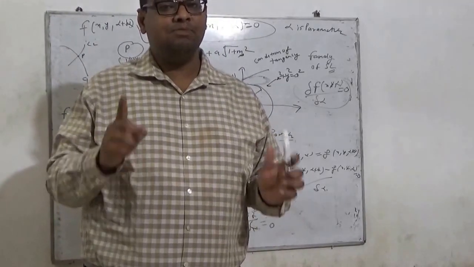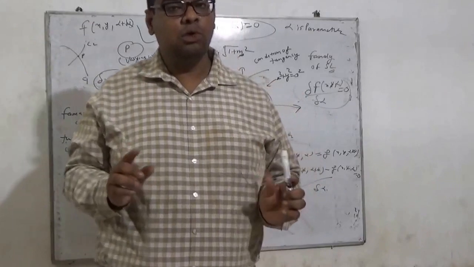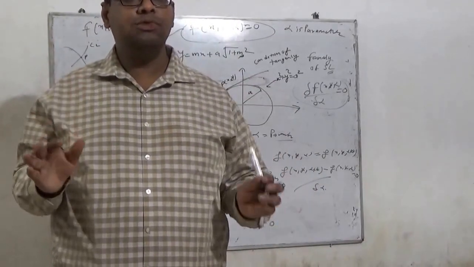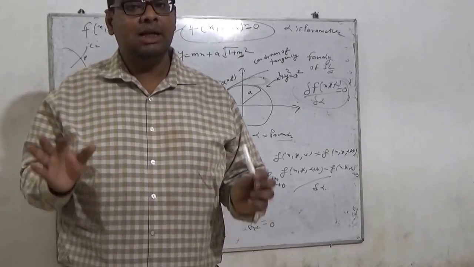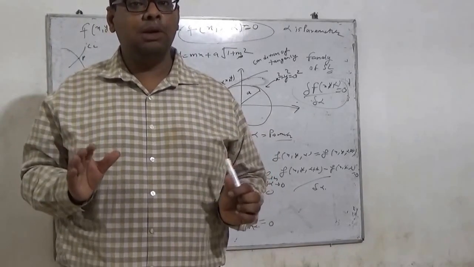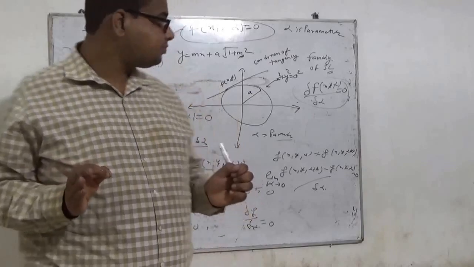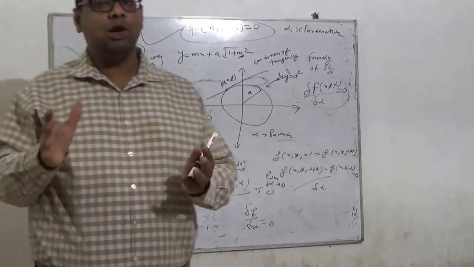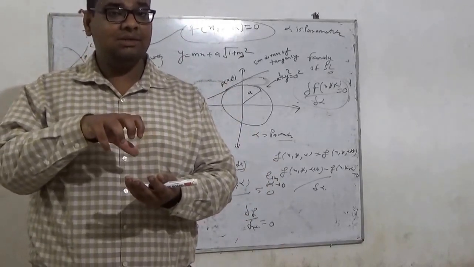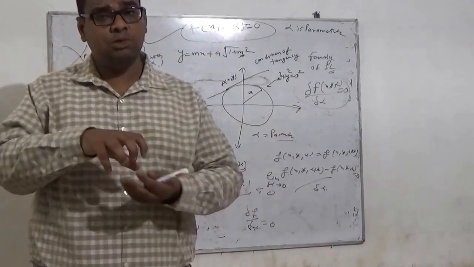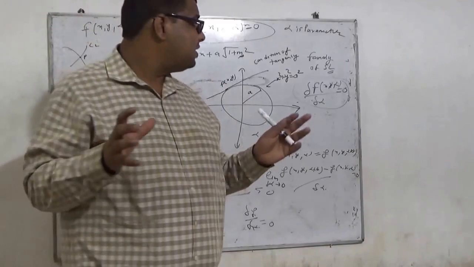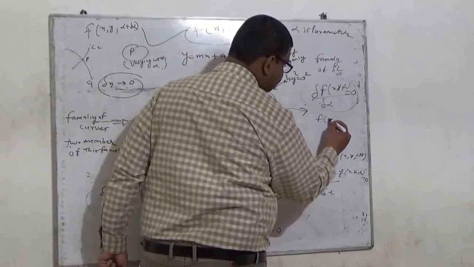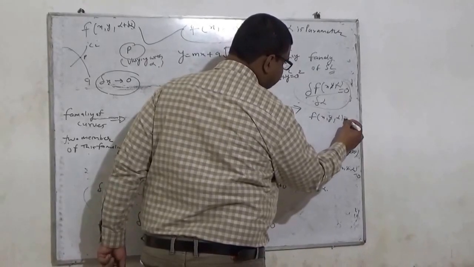This is the first step which we have to do to find the equation of the envelope. What we have to do? We have to differentiate the family of the curve given in the problem with respect to the parameter. After differentiation, we have to analyze this equation with respect to the given equation.